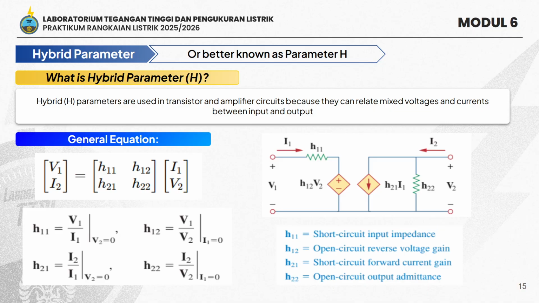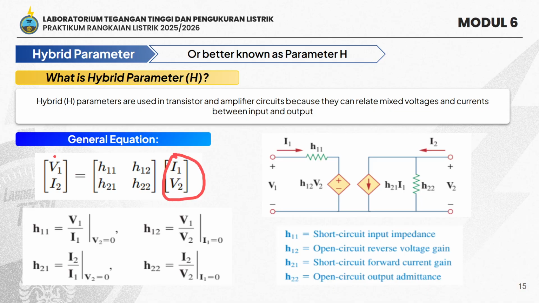Okay, the next one is hybrid parameter. So what is a hybrid parameter? Hybrid parameters are used in transistor and amplifier circuits because they can relate the mixed voltage and currents between input and output. So the general equation for the independent variable will be the current in the input port and the voltage in the output port.